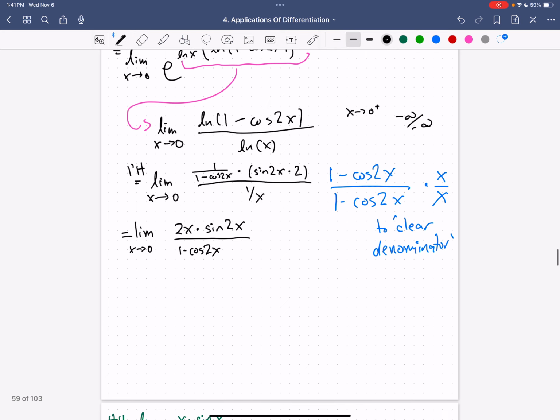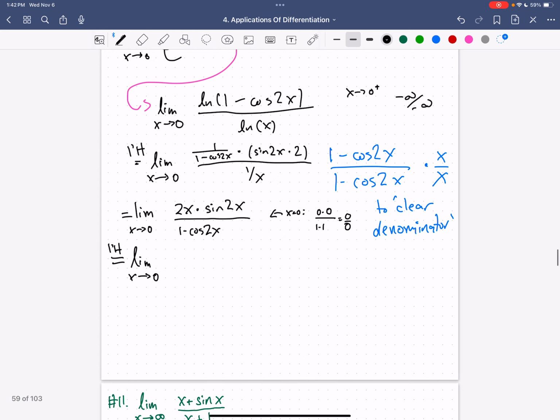Cool, okay. If we put in x equal to 0, we get 0 times 0 on top, and 1 minus 1, so 0, on the bottom. 0 over 0, indeterminate. You can use L'Hopital again, so let's do that. Here we can use the product rule.